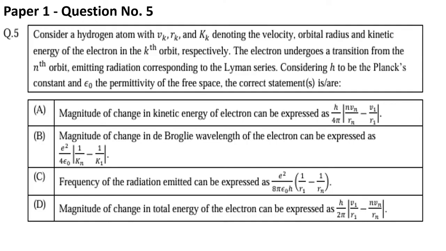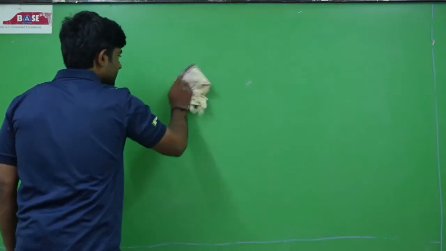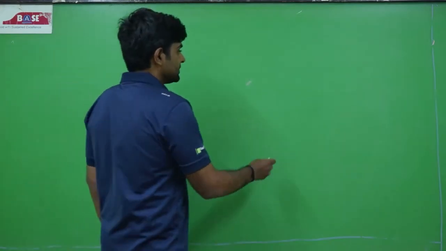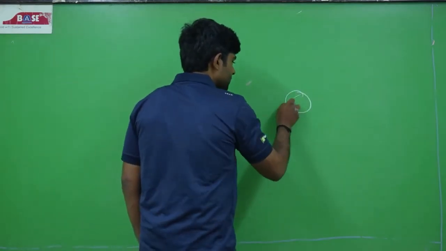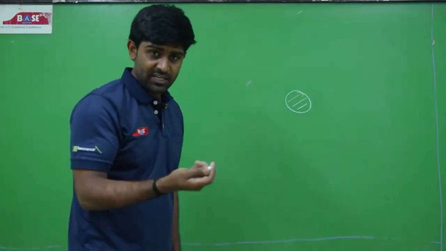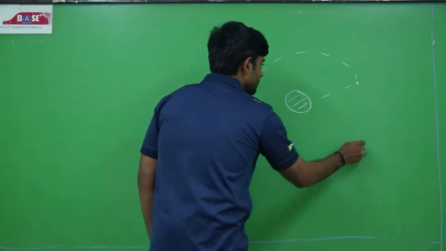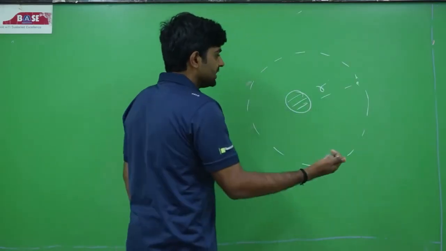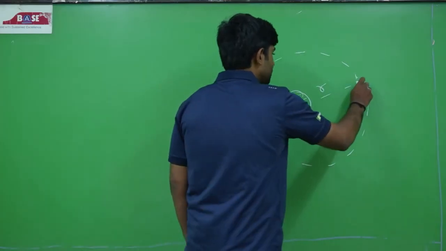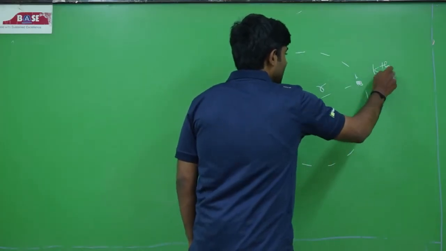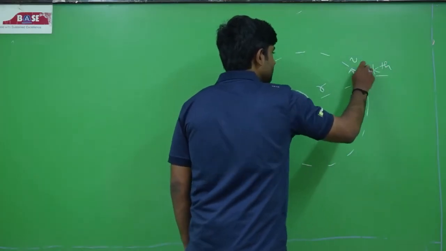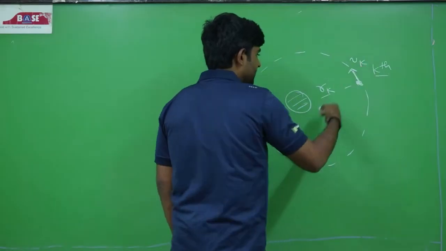As you are all aware, suppose we have some nucleus here, especially a hydrogen atom. An electron will be revolving around at some radius. The given data is that our electron is in some kth orbit, moving with a velocity vk, and the radius will be rk.